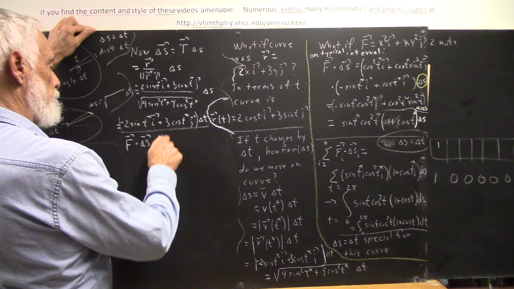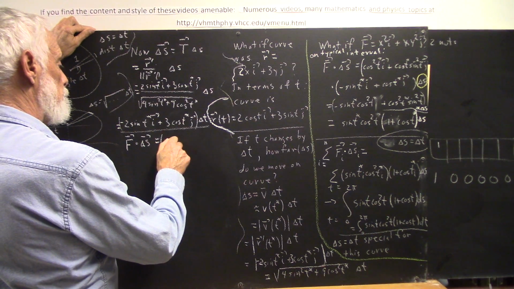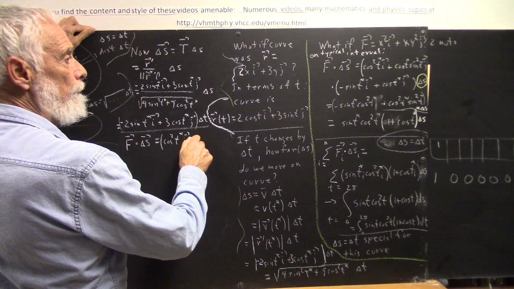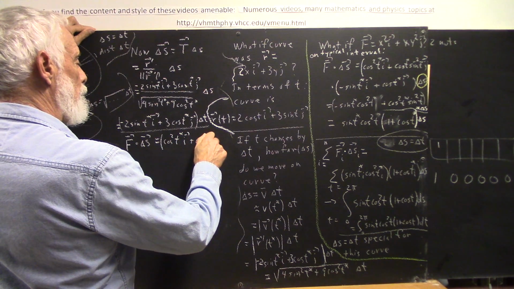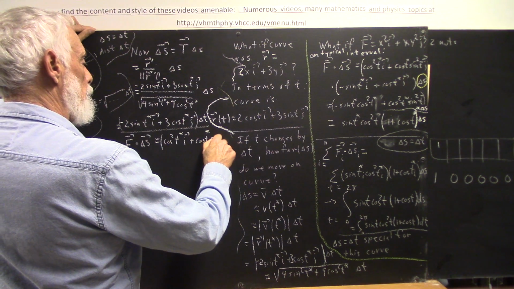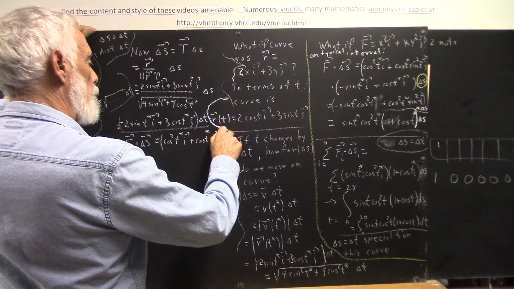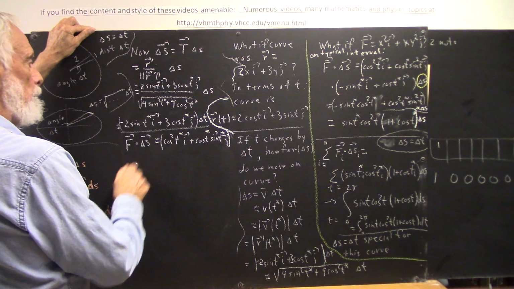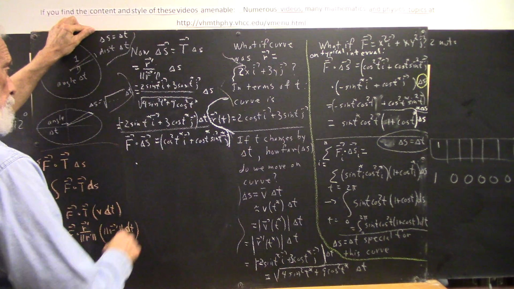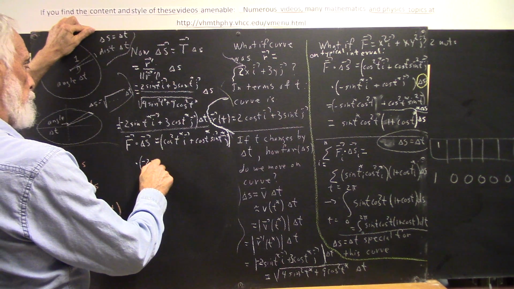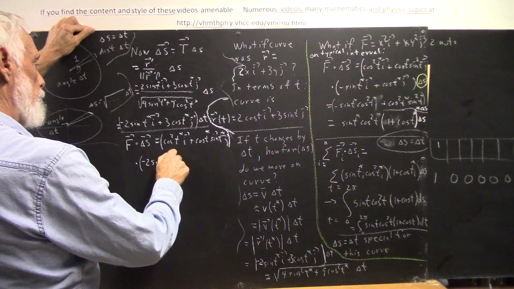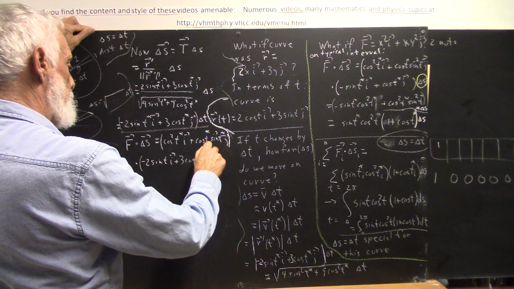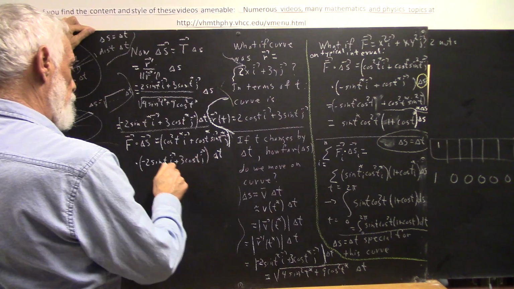So that's cosine squared of t star i plus cosine of t star sine squared of t star j dotted with our delta s, which is just negative 2 sine t i plus 3 cosine t j times delta t.